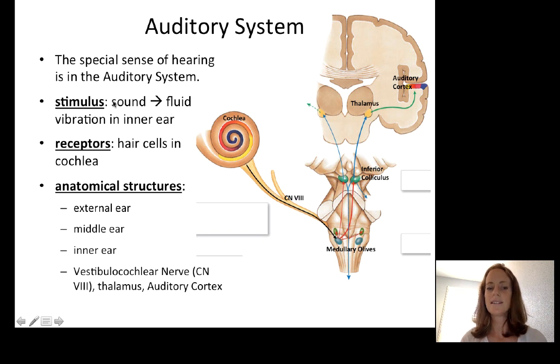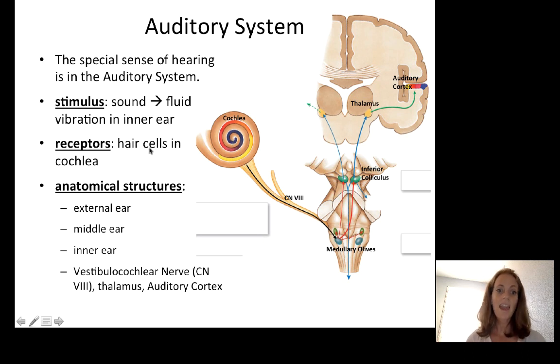The auditory system is the special sensation of hearing, and this is sound. And it turns out that sound is actually transmitted through fluid vibration in the inner ear. There's a special organ within the inner ear called the cochlea, which, as the sound waves are transmitted through the inner ear, vibrates fluid within the cochlea. And there are tiny little cells called hair cells.